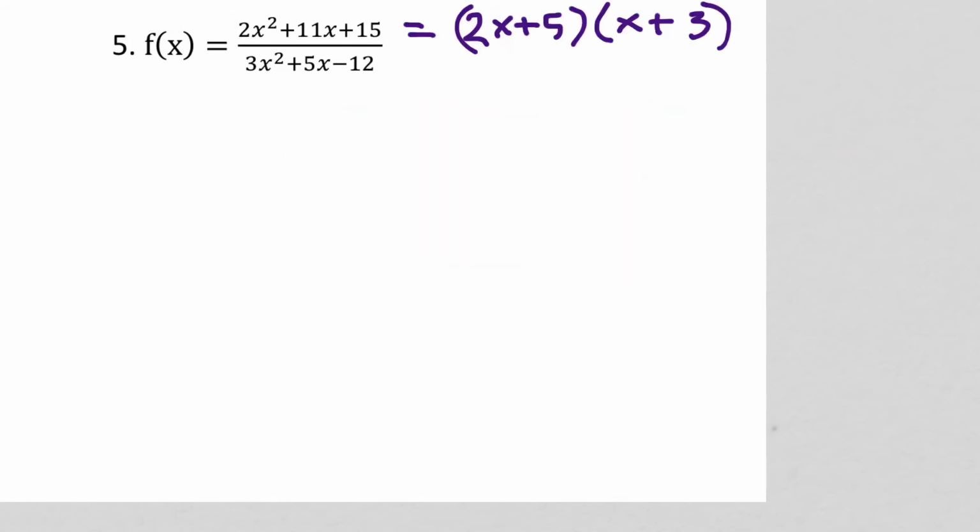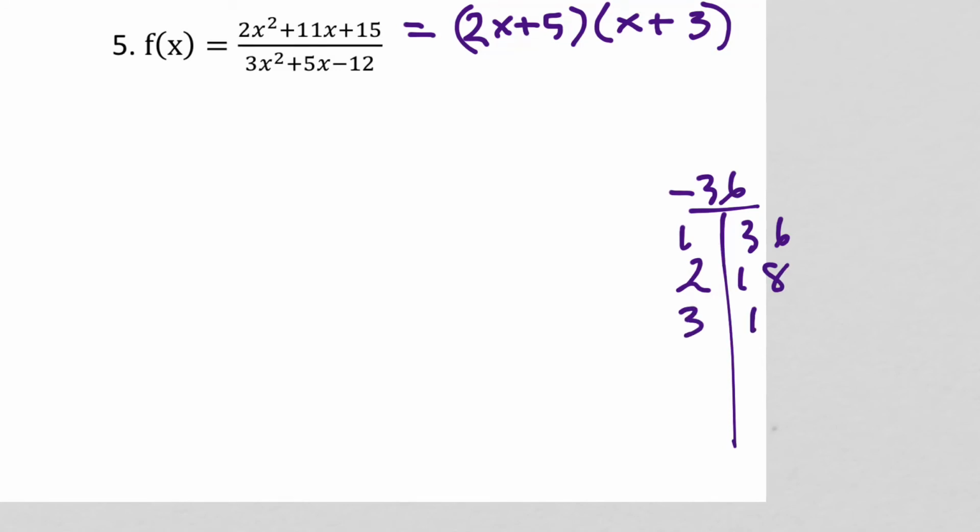Okay, so for the denominator, I have 3 times negative 12 is negative 36. 1, 36, 2, 18, 3, 12, 4, 9, 6, 6. I have to multiply to give a negative 36 and add to get a positive 5. So that must be negative 4 and 9.